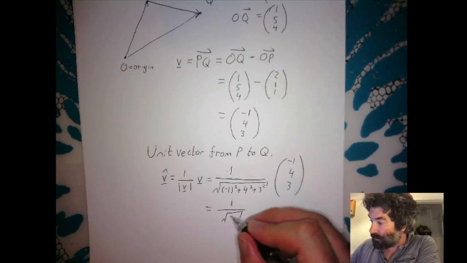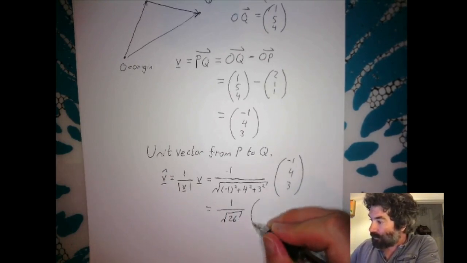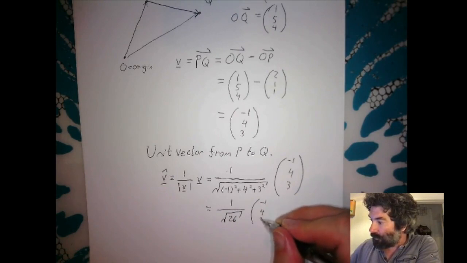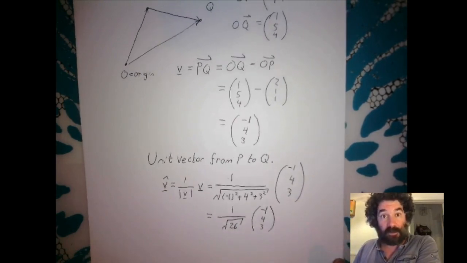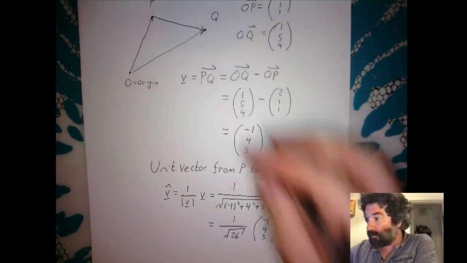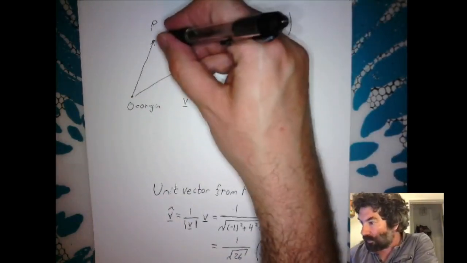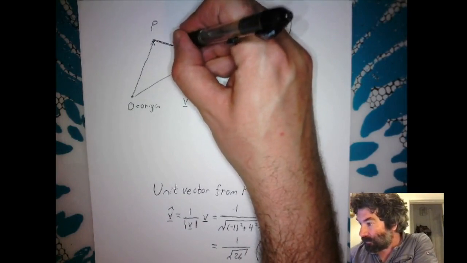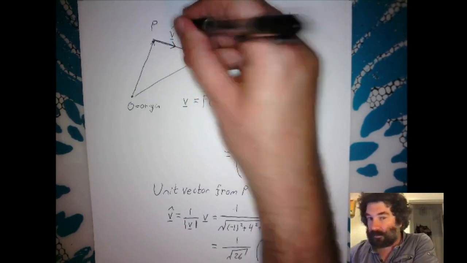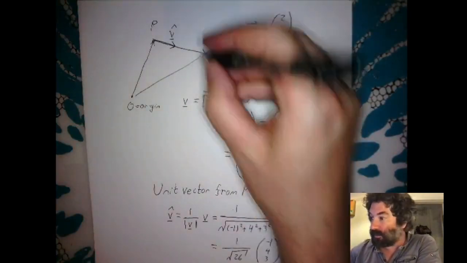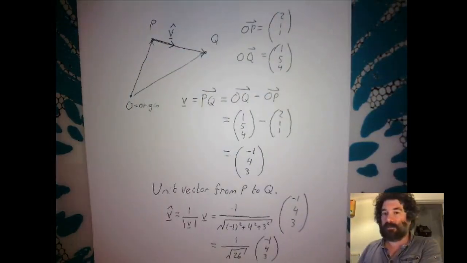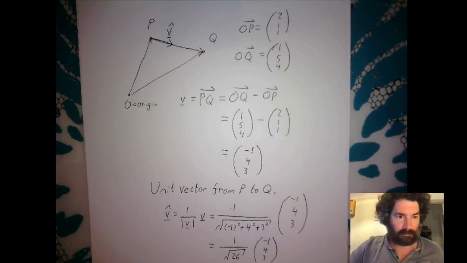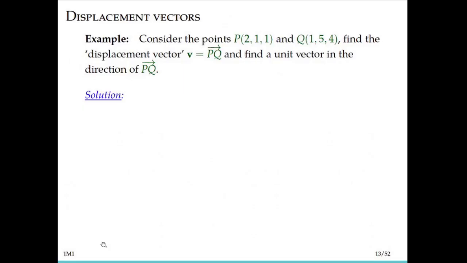So it's 1 divided by the square root of 26 times -1, 4, 3. This is the unit vector pointing from P to Q. So going back up to the diagram, it would be a vector of unit length pointing in this direction. Not trying to draw things to scale here, but it would be a vector pointing in the same direction that has length 1. Okay, that's that example.